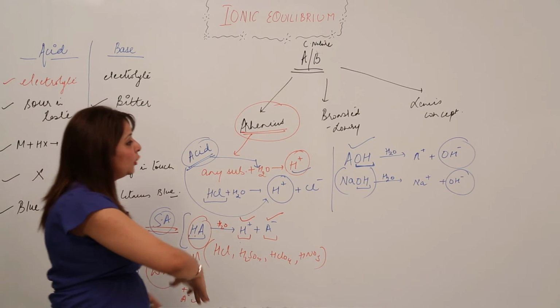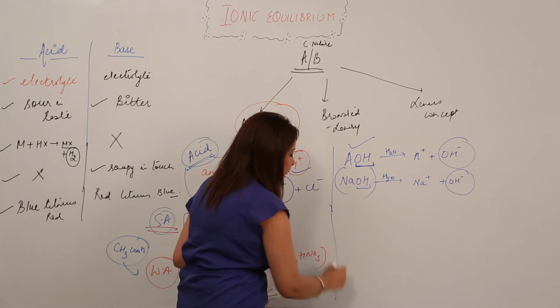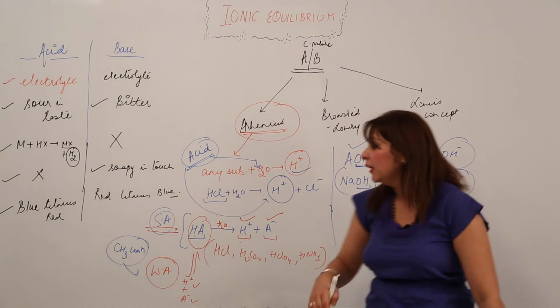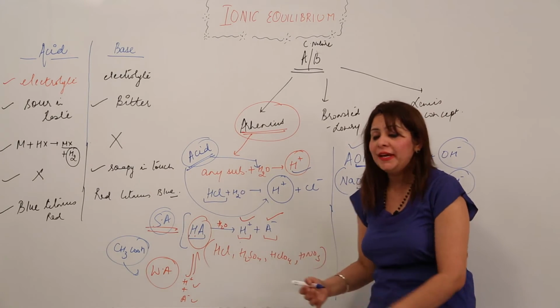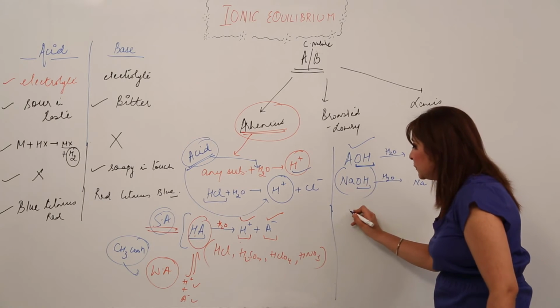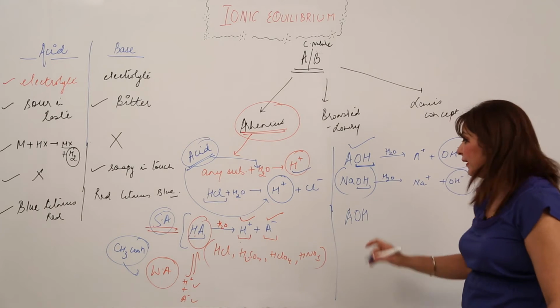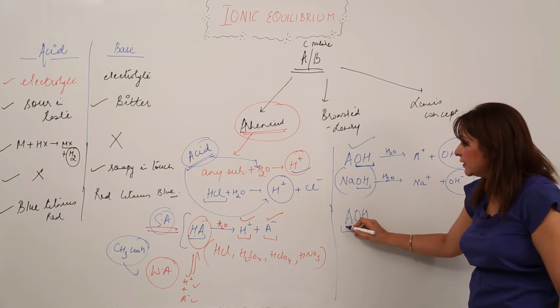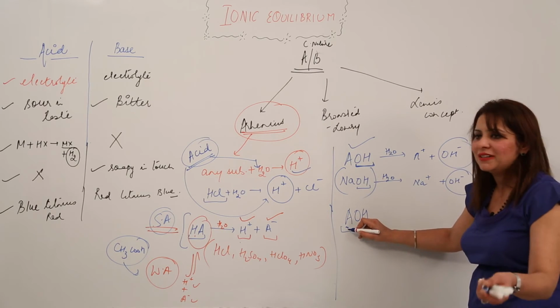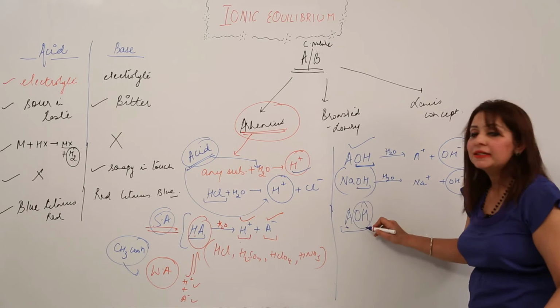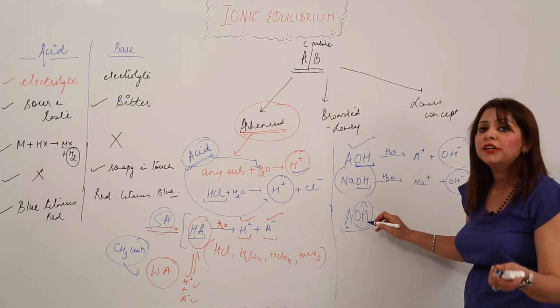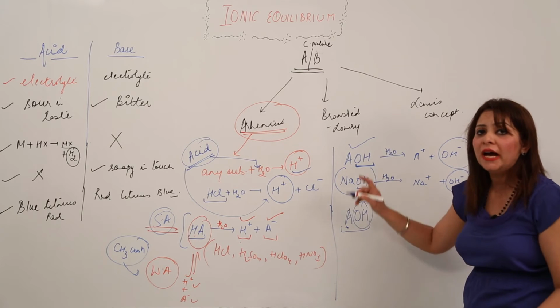Now if we talk about the strength of bases, the same condition applies for the base also, right. If I write AOH, this indicates a base. It is a general formula for a base. A is any metal or something like that, and this is the hydroxide, which is the most important condition to behave as a base according to Arrhenius.